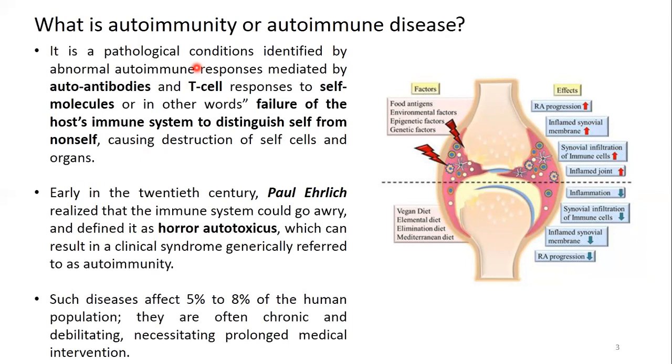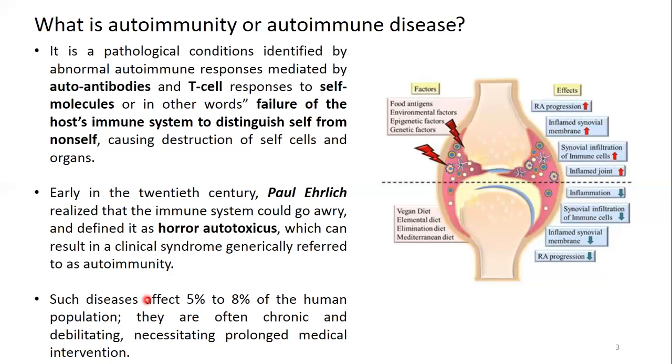In the early 20th century, Paul Ehrlich defined it as horror autotoxicosis when he realized that sometimes the immune system can go awry, which results in a spectrum of clinical syndromes.